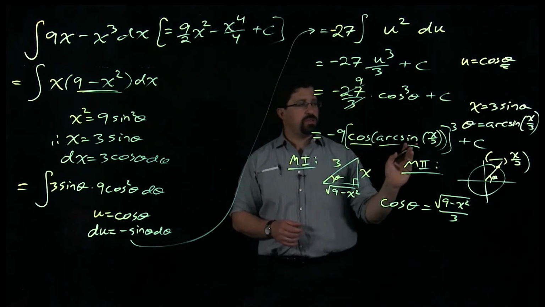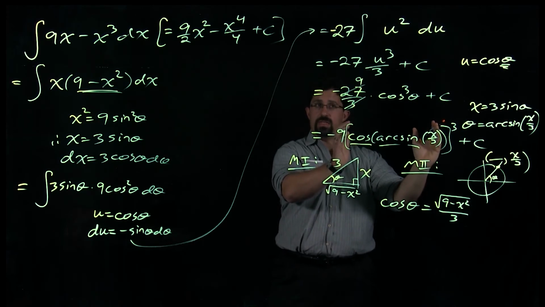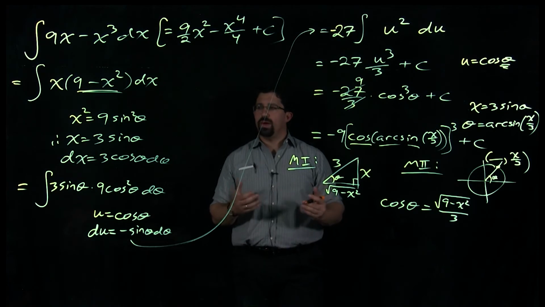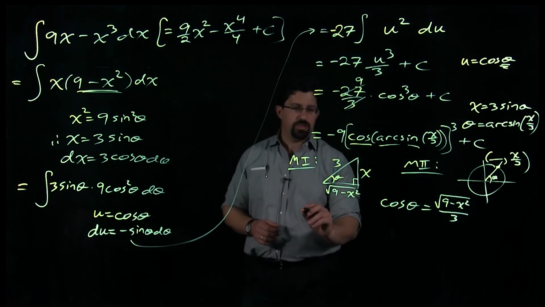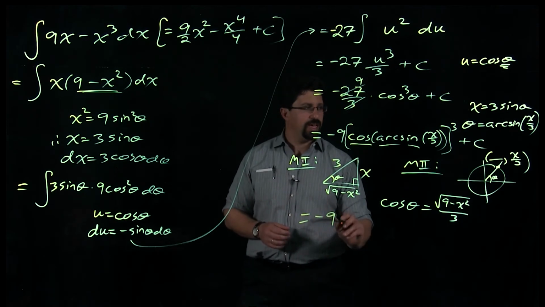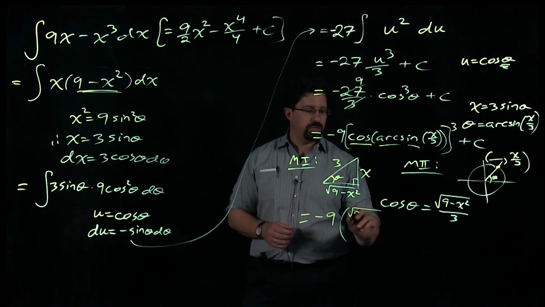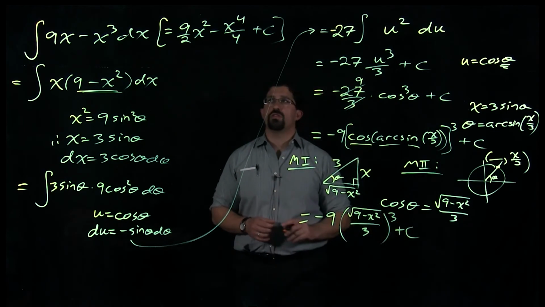And so I can substitute this into these brackets over here, and I can see what happens. I can figure out what it is that I'm going to get. And so when I do this, I'm going to have negative 9 times cosine of arcsine, so root 9 minus x squared over 3, quantity cubed, plus a constant.